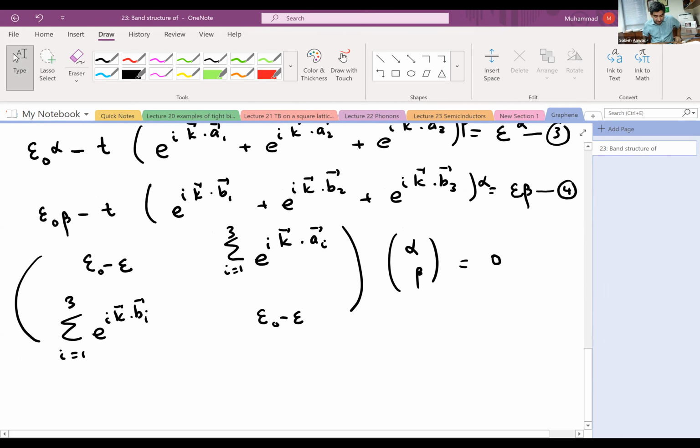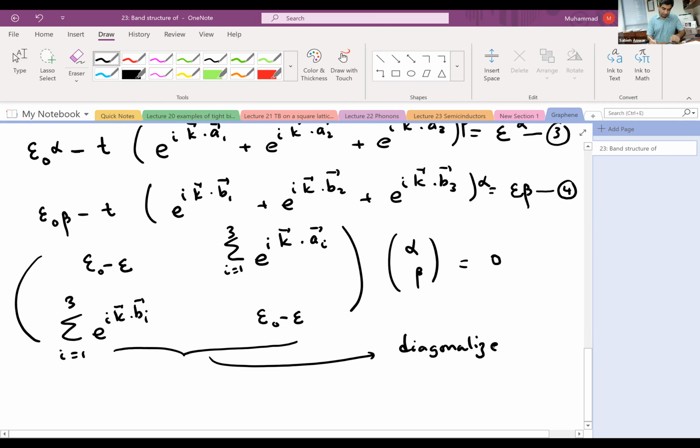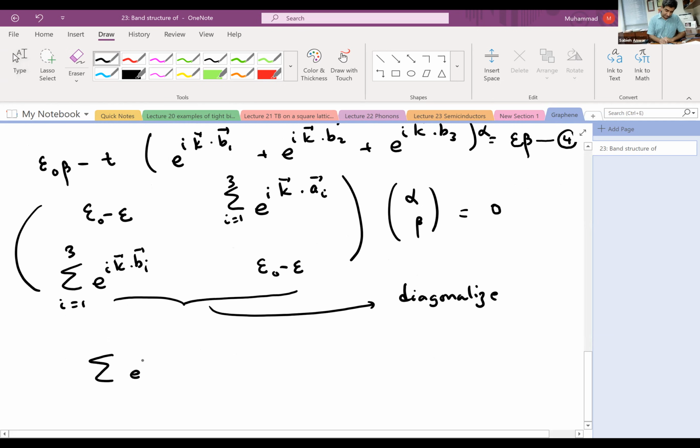But what I could also do, I can find out the energy eigenvalues. And those energy eigenvalues are found out by diagonalizing the Hamiltonian, this term. Let's diagonalize this. But we also note that e^(ik·b1) is simply equal to e raised to power minus i k dotted with a_i, because all the b_i's are inverses of any one of the a_i's.